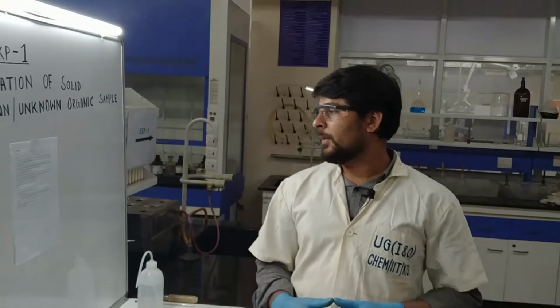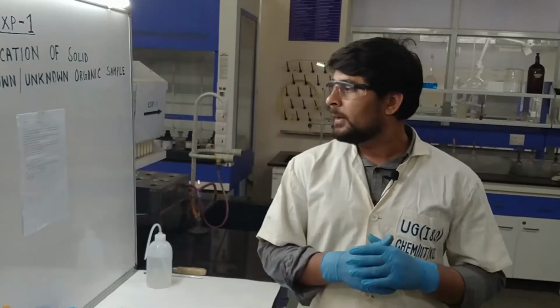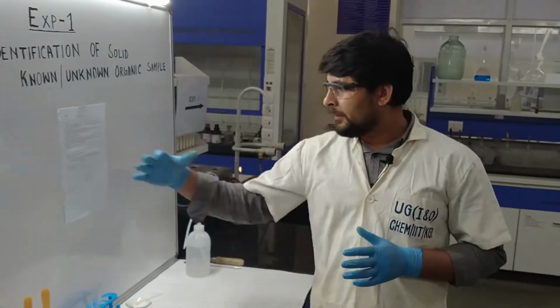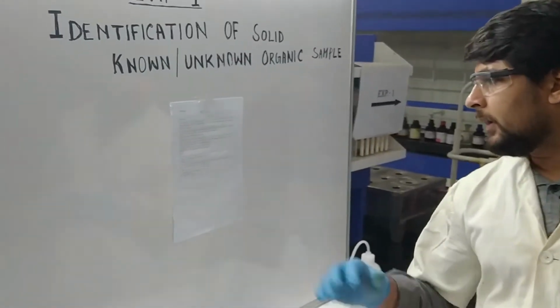After completing the Molisch test, the coming test is the Barfoed test. Okay, that we already did in the preliminary tests, so no need to perform it again. So we are going to perform the next test, that is the lead acetate test.